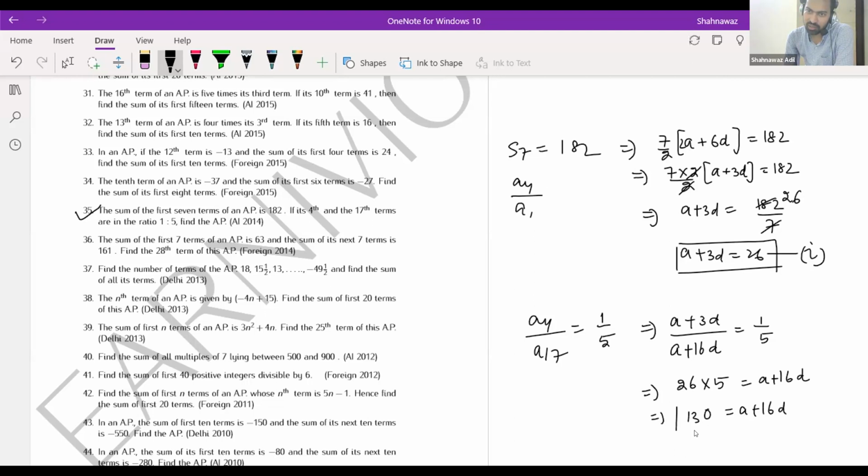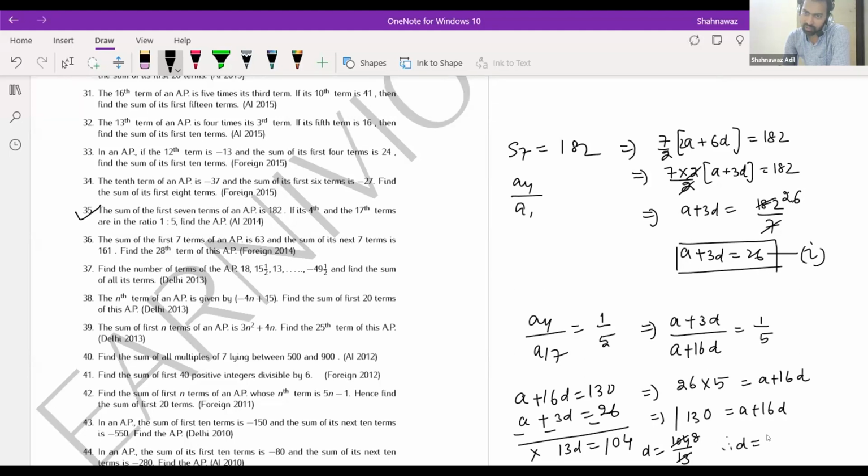A plus 16D is 130 and A plus 3D is 26. So subtracting, 13D equals 104. Does this 13 cancel? D equals 104 by 13. So 13 is how much? 8, right.